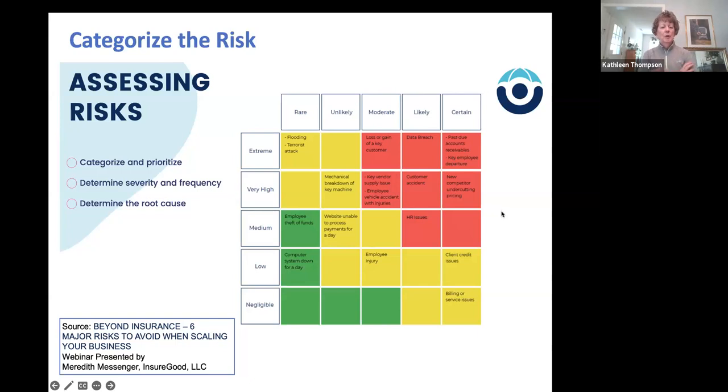I do want to talk about this slide in particular. I used a tool that's a Six Sigma tool called a failure modes effect analysis, which is an Excel spreadsheet, which does the same analysis that this does, but it assigns a numeric score 1 through 5 for the impact and then the likelihood, similar to this.